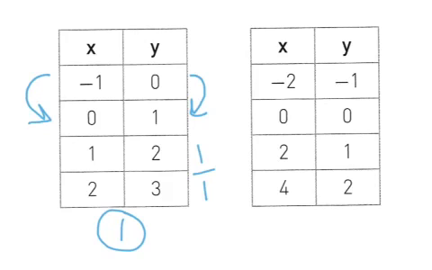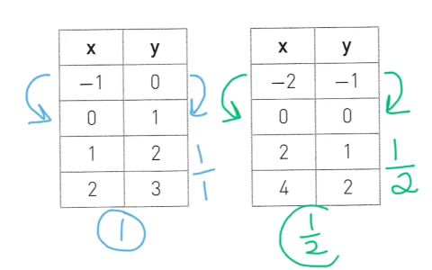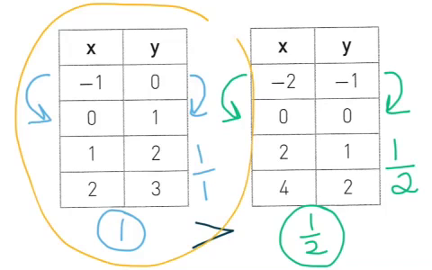Let's look at our second chart. -1 to 0 gives us a 1. -2 to 0 gives us a 2. 1 divided by 2 is 1/2. So this chart has a rate of change of 1/2. Which one has the greater rate of change? Which is the bigger number? 1 is greater than 1/2. This chart has the greater rate of change.